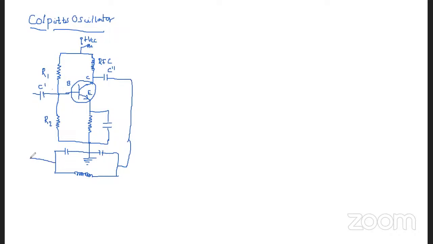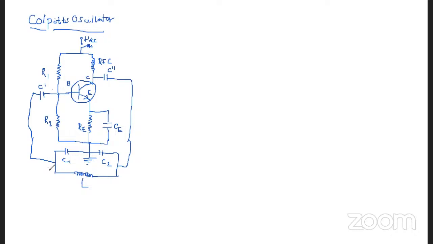And this will be connected to the input here, that is, the input base connected capacitor C dash. So this resistance we named as RE, this capacitor is CB, this capacitor is C1, this capacitor is C2, and the inductor is L.